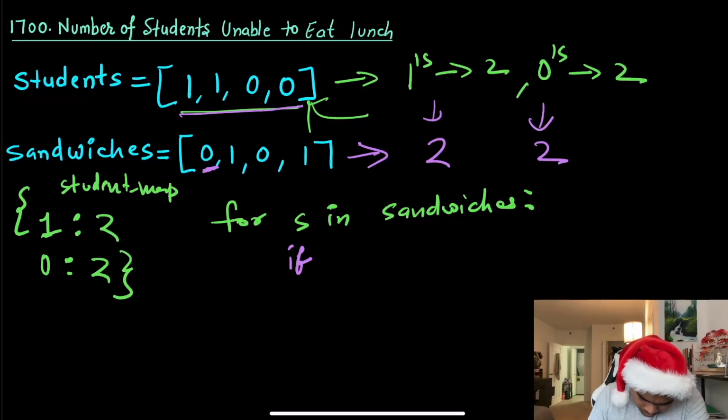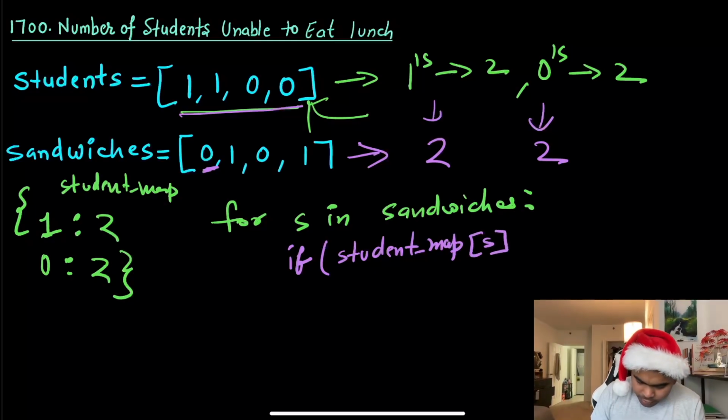this particular sandwich could be 0 or 1. If this S is on the top of the stack and the frequency of students that might need this sandwich is greater than 0, so if student map of S is greater than 0, in that case I will reduce that count.